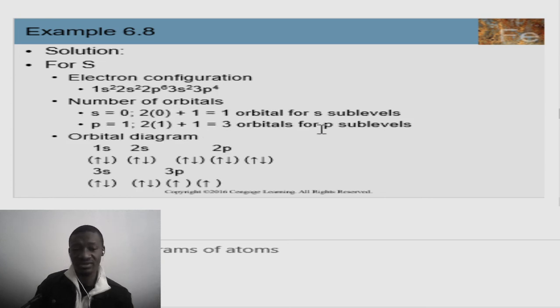Here we now see for sulfur. So it's 1s2, 2s2, 2p6, 3s2, 3p4. How we know the number of orbitals to make is from this formula, where you multiply the value for l by 2 and add 1.